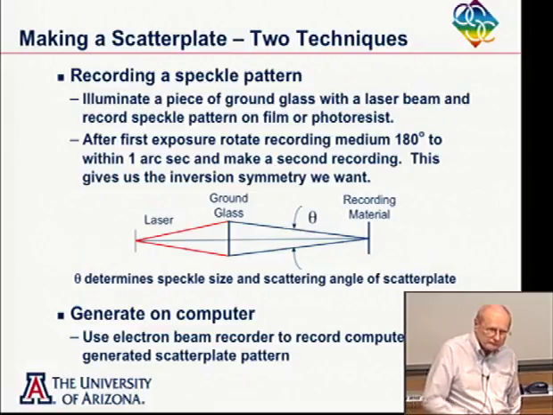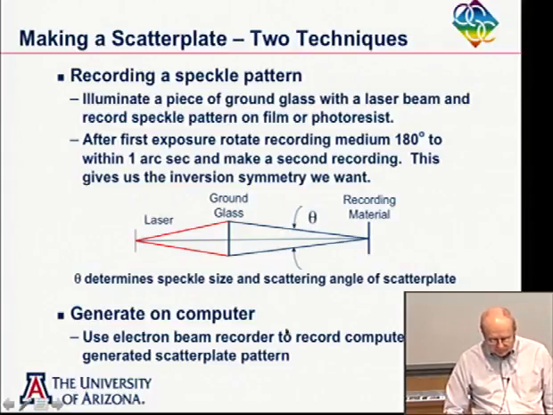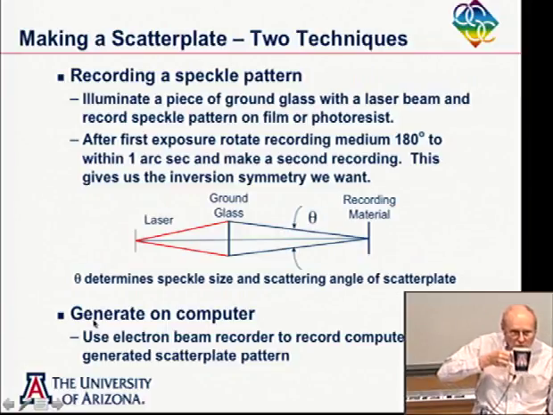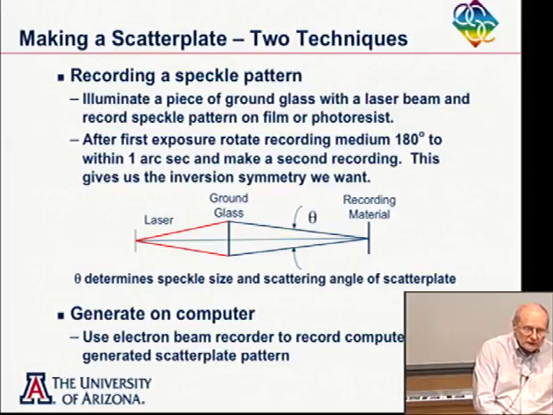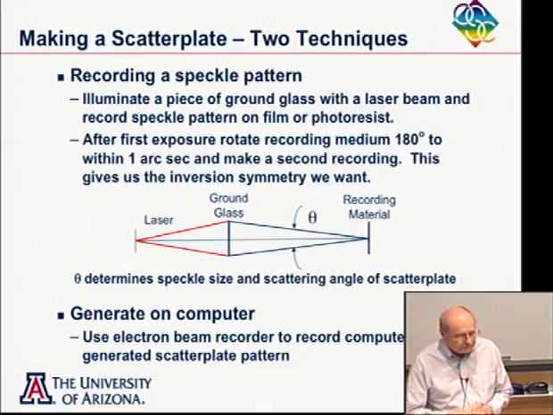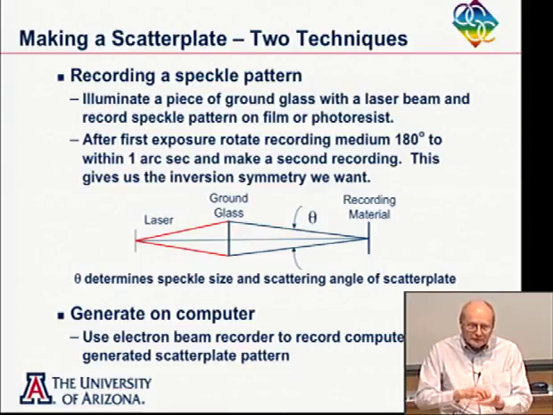Any questions? How expensive does that process cost? They take a computer-generated pattern and write it out just like they would in an integrated circuit, like they would for electronics.